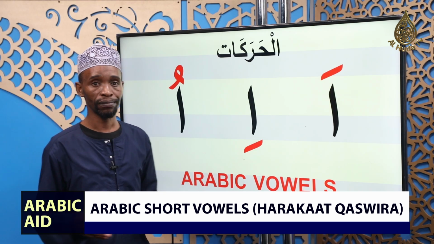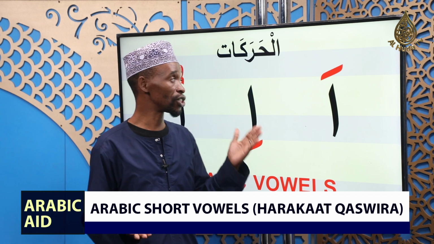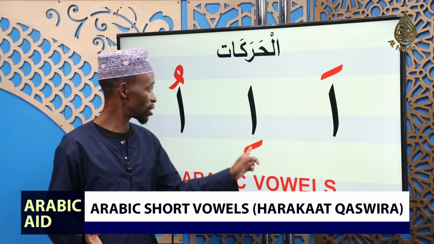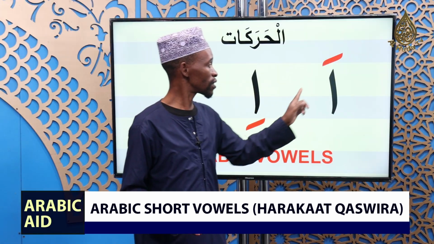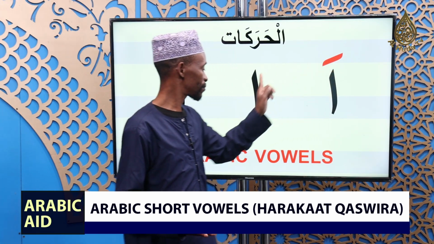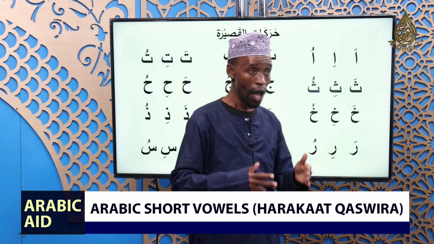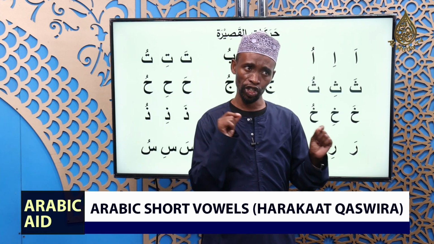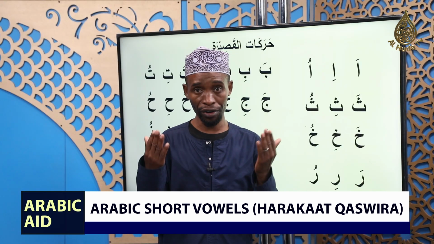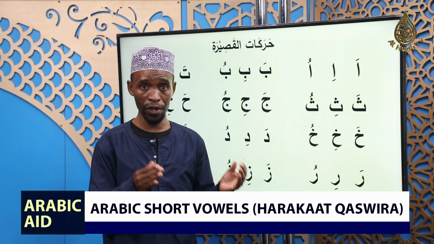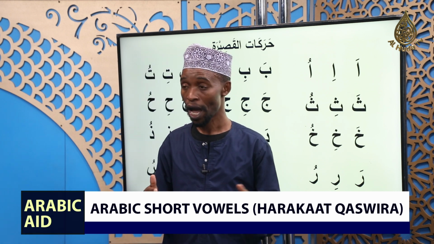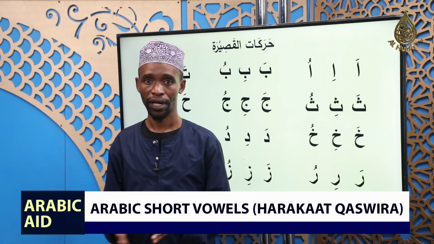In short, alif with different vowels is read as A, E, U. The best way to remember the short vowels is by reading them out together with the letters in full. How do you do that?